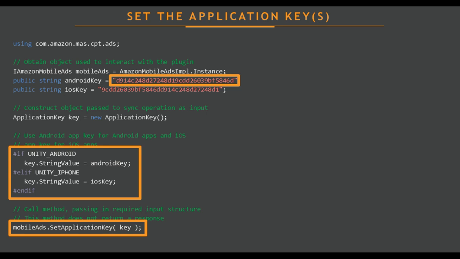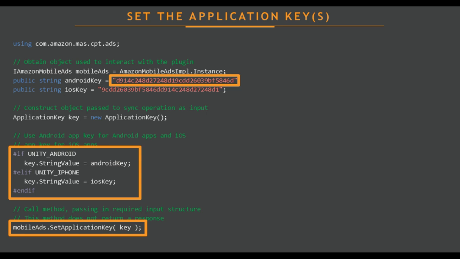And here we get to see our first real code. This is a Unity script to initialize our connection to the Amazon Mobile Ad Network using the SDK we imported from the plugin. Now, where you put this code is really up to you, whether you have a dedicated game object or you roll this into a special initialization module.